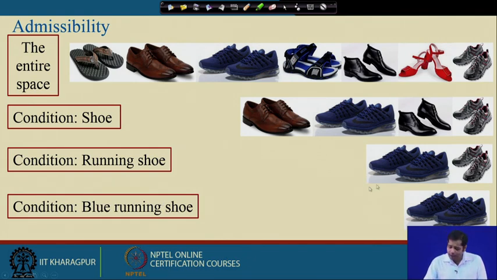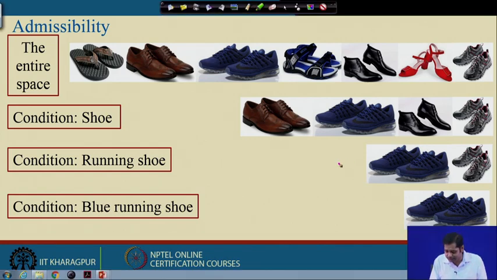Now, if we take the second one, these two are admissible with respect to this condition and this condition, but not admissible when we put another condition that the color has to be blue.